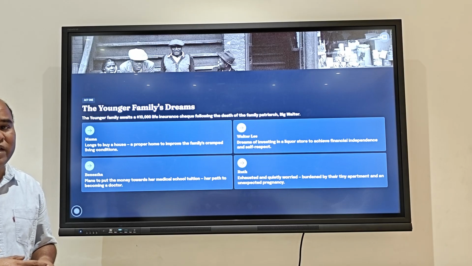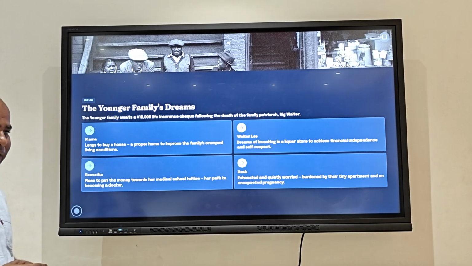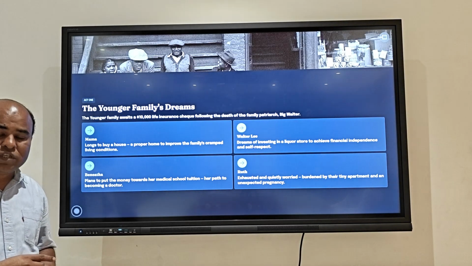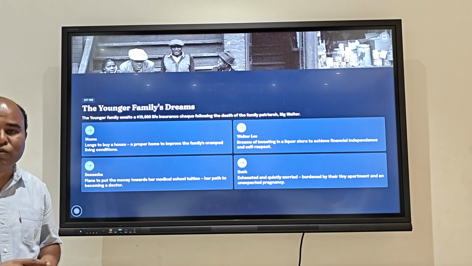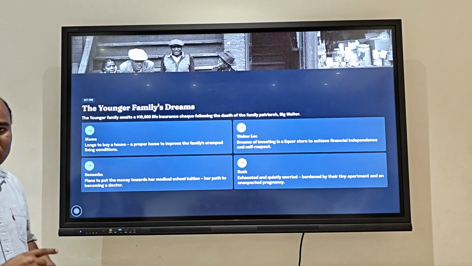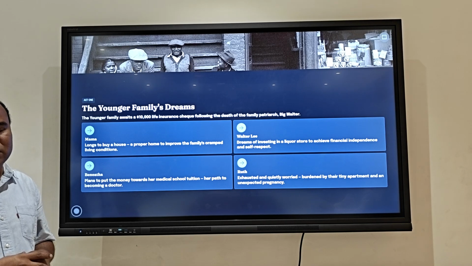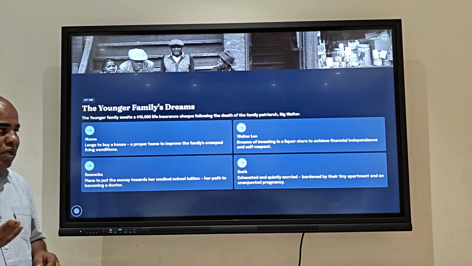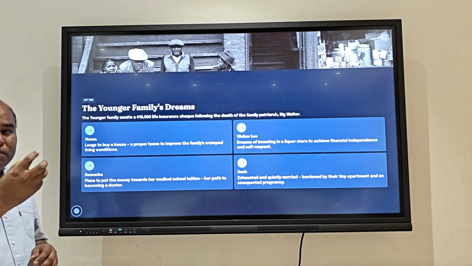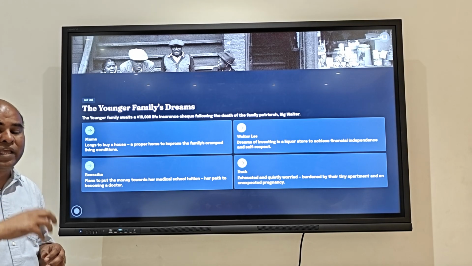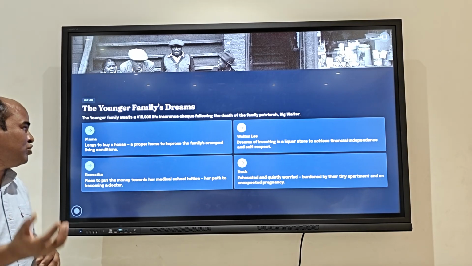The title of the play, let me remind you, A Raisin in the Sun, actually is taken from that wonderful poem by Langston Hughes. The title of that poem is Dream Deferred. So this particular play is also a play about dreams and what happens to the dreams.